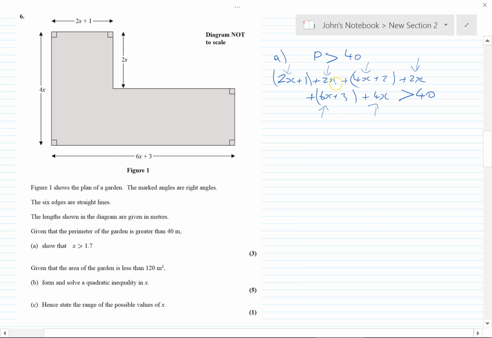So that's 2, 4, 8, 10, 16, 20. So that's 20x, and then the numbers are 1 plus 2, that's 3, plus 3, which is 6.